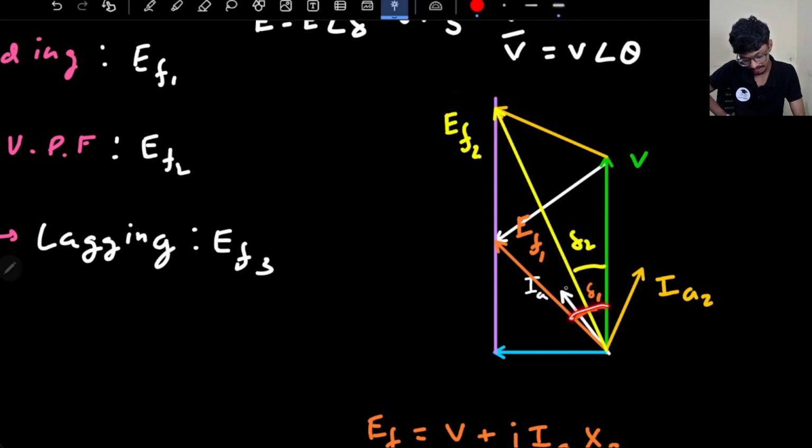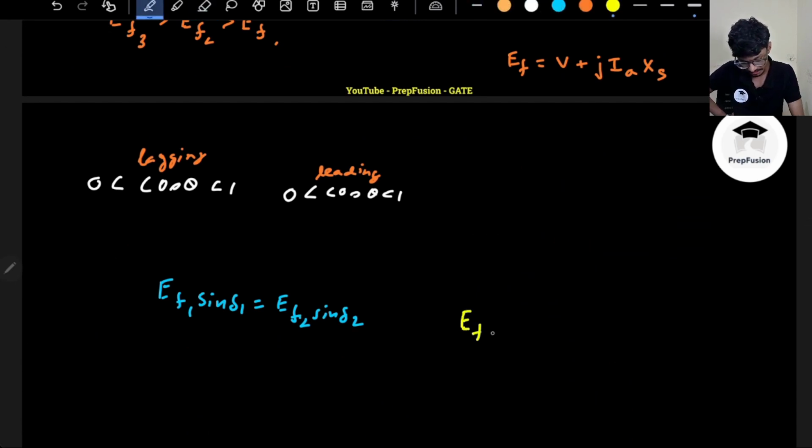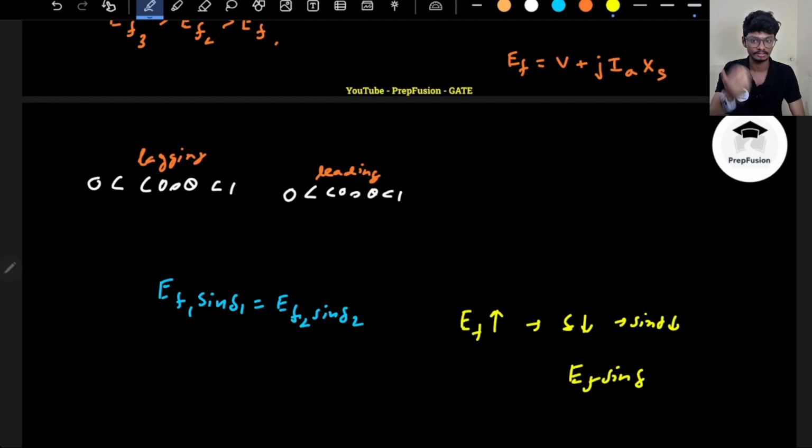Here the load angle was high and EF2 is lesser. So if I am increasing the excitation, visually you can see the delta is reducing. That means sine delta will reduce, and it satisfies our condition that EF sin delta has to be constant. If one parameter increases, the other reduces.